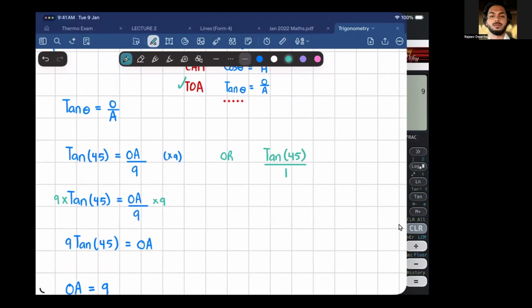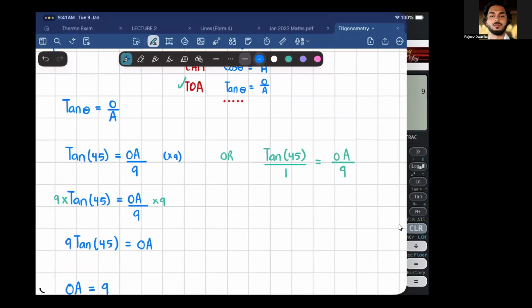For anybody that's confused, if I divide something by 1, I'll get back the original thing. Think about 7 divided by 1. That'll just be equal to 7. Anything divided by 1 will be itself. Think about x over 1. That'll just be x. Right? So I didn't break the laws of maths there. And then we have OA over 9.